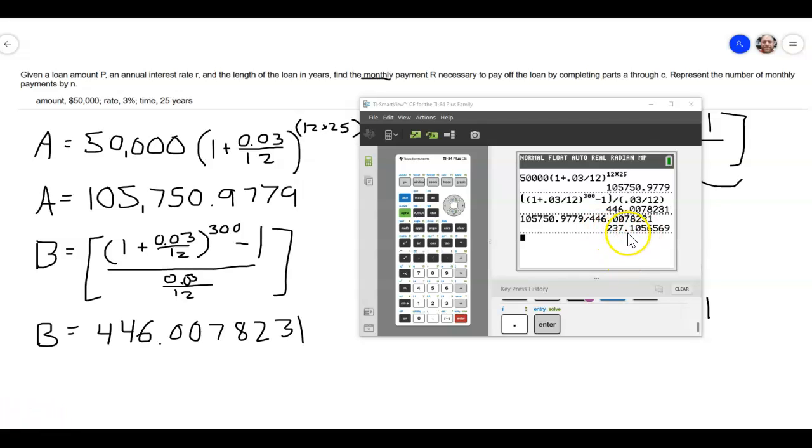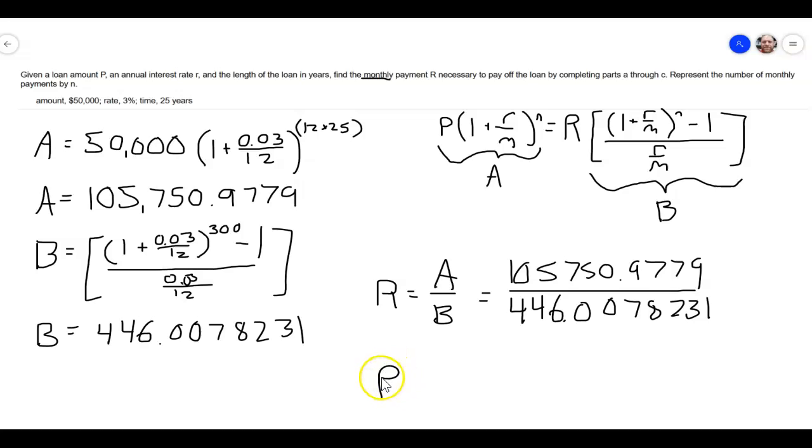So $237.11 is going to be our monthly amount. So R is equal to 237.11. Now, a lot of numbers in there. Remember, when we're rounding in the middle of formulas, usually we want to go out pretty far. 7 decimal places, if we have them, is usually a good number there.